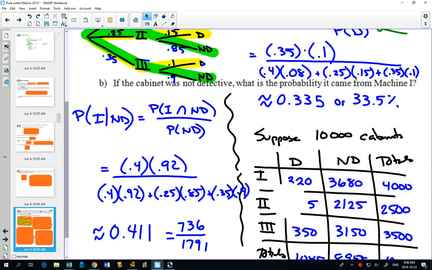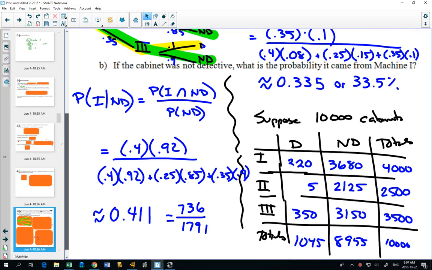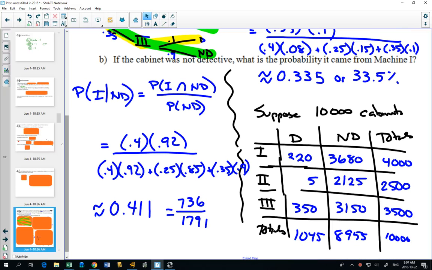Was it disastrous? Not completely disastrous. We just have one blue number we've got to figure out. I'm going to suppose we made 10,000 cabinets. And I'm going to use the percentages they gave me to figure things out.